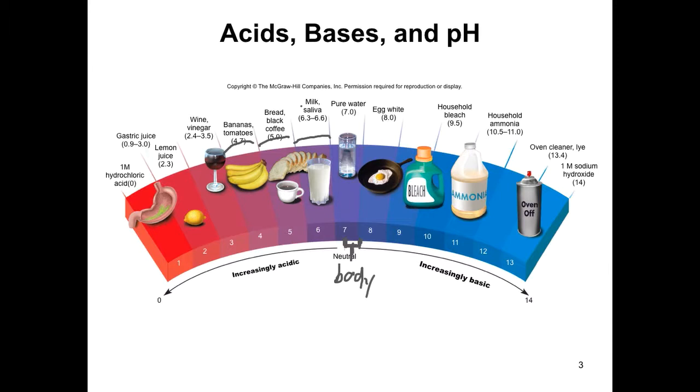It would have 10 times as many hydroxide ions as egg whites do, and it would have 10 times fewer hydrogen ions. Household ammonia, let's say that that was actually at an 11. Well, it would then have 100 times as many hydroxide ions as bleach, and that would be 1,000 times as many as egg whites. And that means that it would have 1,000 times less hydrogen.